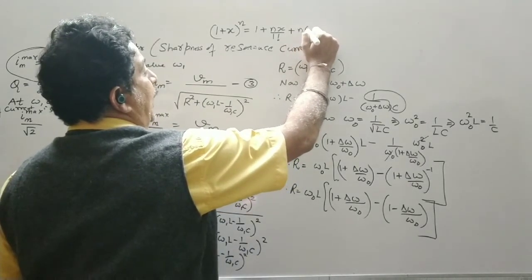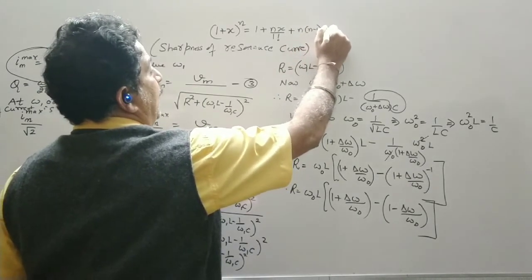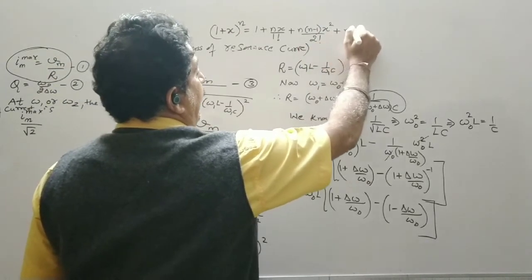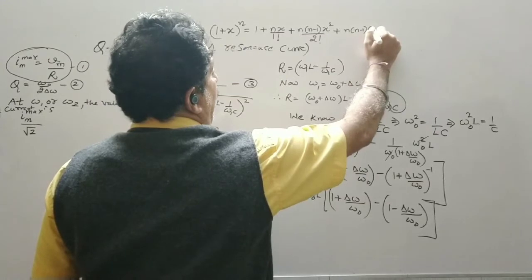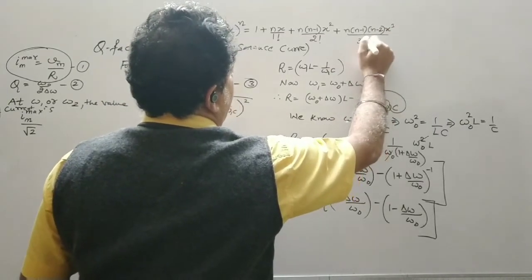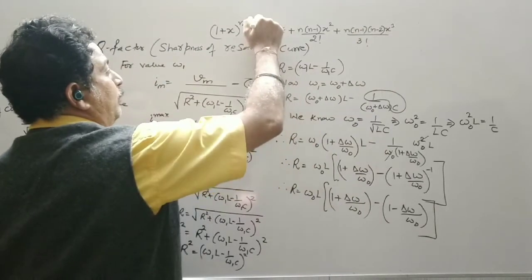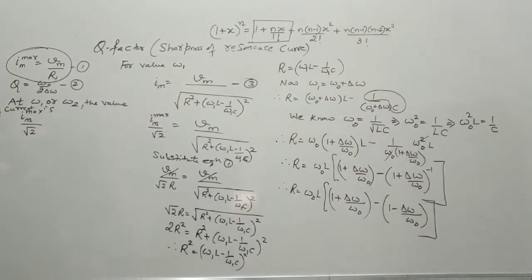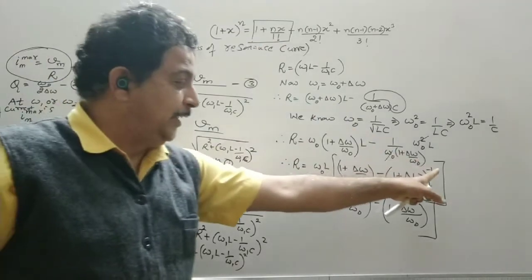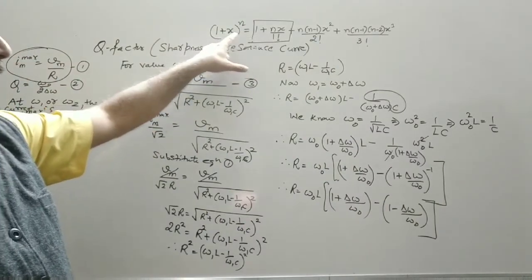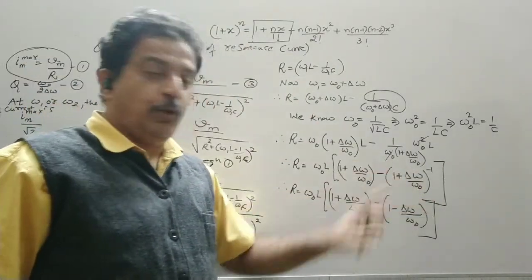The other terms are n into n minus 1 x square by 2 factorial plus n into n minus 1 into n minus 2 x cube by 3 factorial. But we have to remember this much only, because in physics generally we neglect the higher power terms. Now here n is equal to minus 1, and in the place of x, you have delta omega upon omega naught.